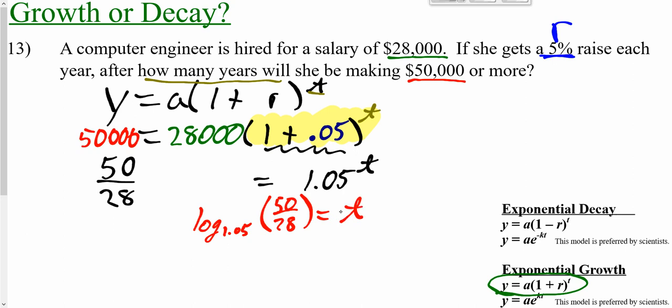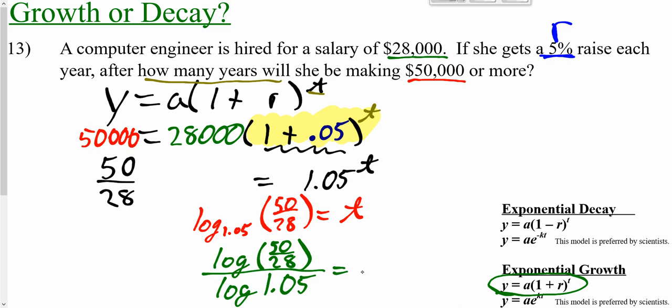But now for me to type it into my calculator, I need to use my change of base formula. So I'm going to go log of the top part in the parentheses of that fraction over the log of my base.